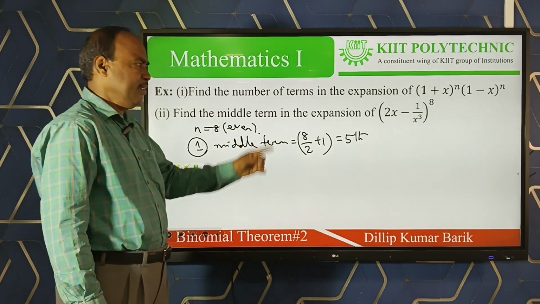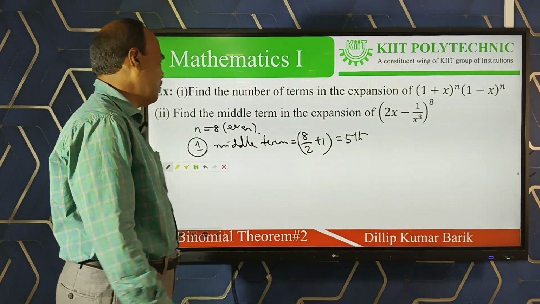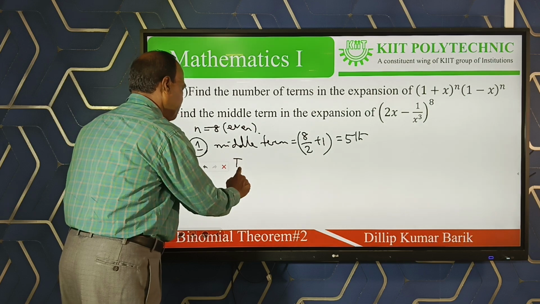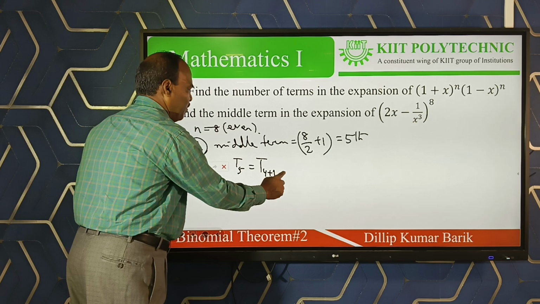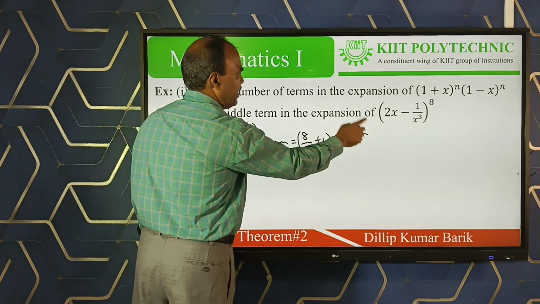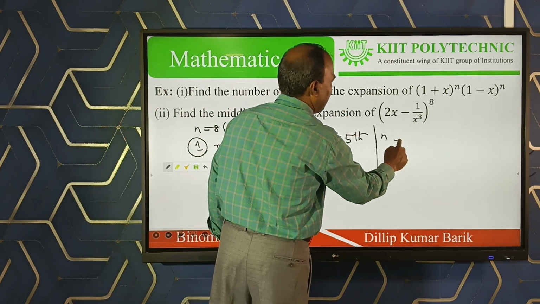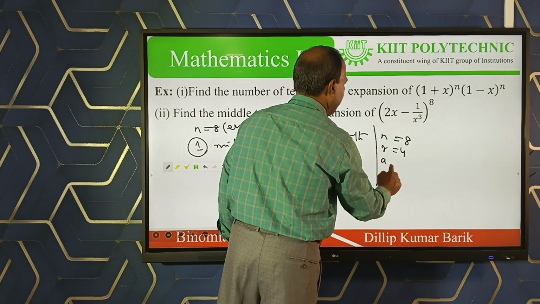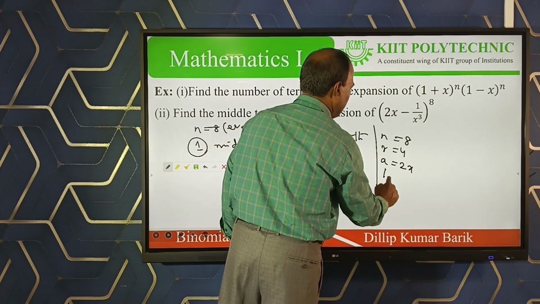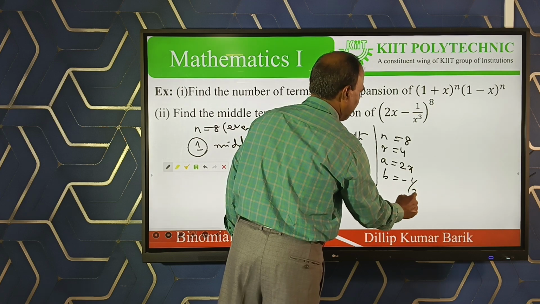That means in this expansion we have to find the value of only T5, and again using the previous knowledge T(4+1), and n is equal to 8 in this question, r we get now 4, a is equal to 2x, b is nothing but minus 1 by x cube.